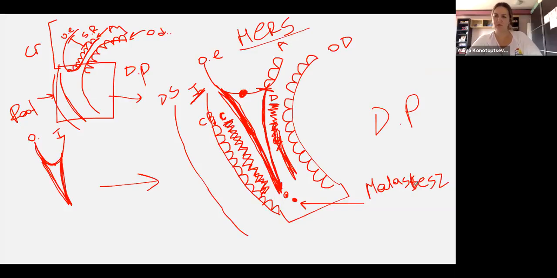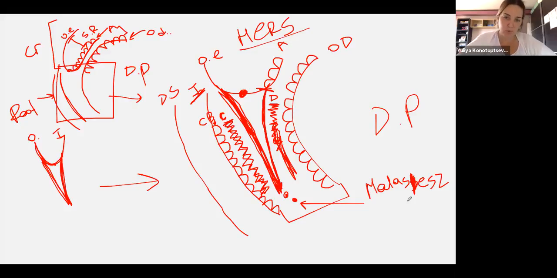Sorry, there's one S. Malassez. Okay, so islands of Malassez. So I repeat, when your root is ready, between cementum and dentin, not always, but sometimes there is a remnant of the HERS called islands of Malassez.